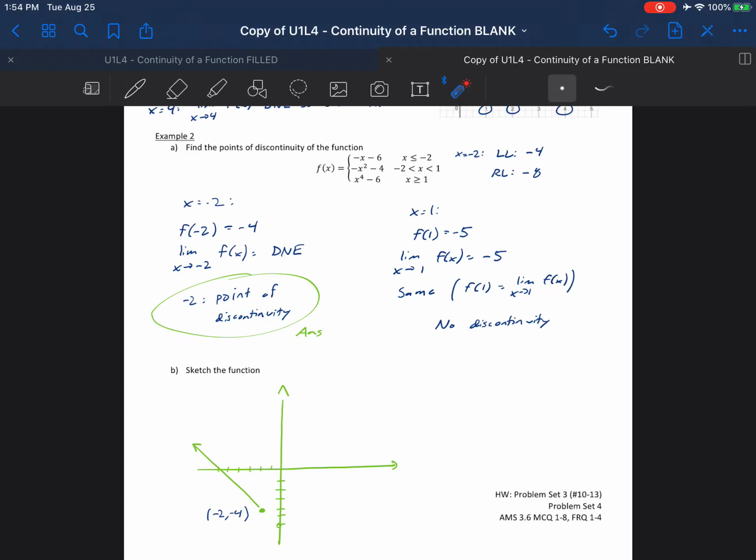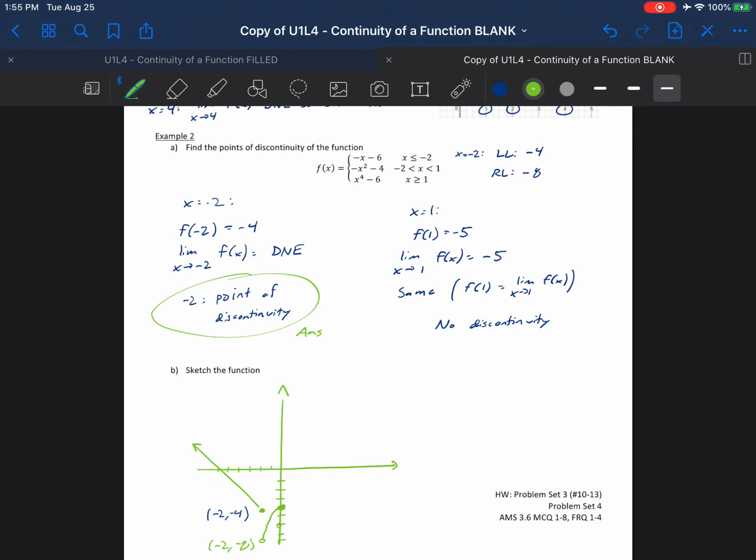So 0, -4 is right here. All right, and this thing opens downward, and it stops at -2 and at 1. So this is going to go to -8, and it's going to be an open circle there. So looks something like this. Okay, this point down here is the point -2, -8.